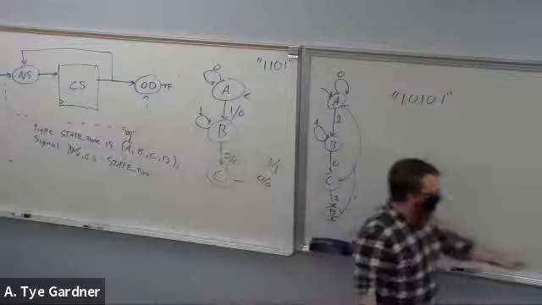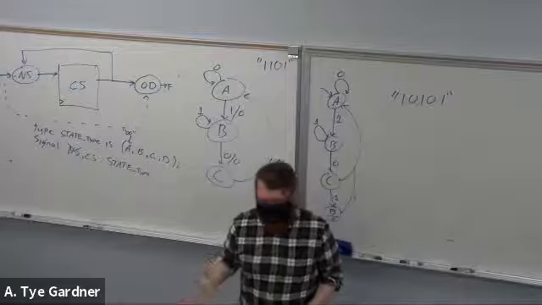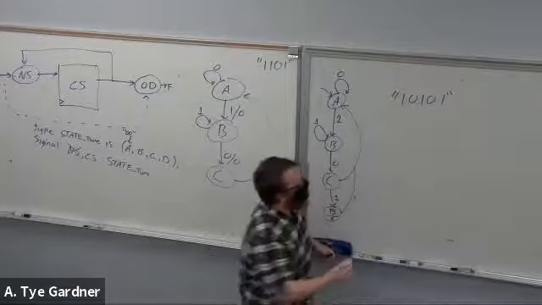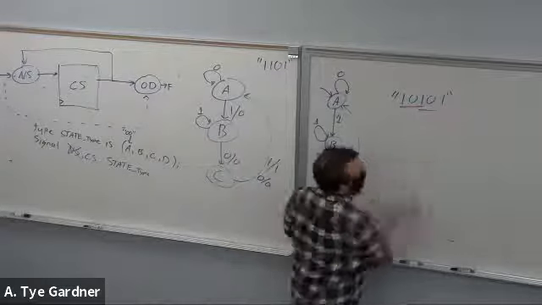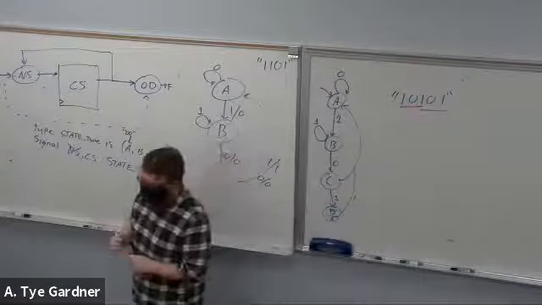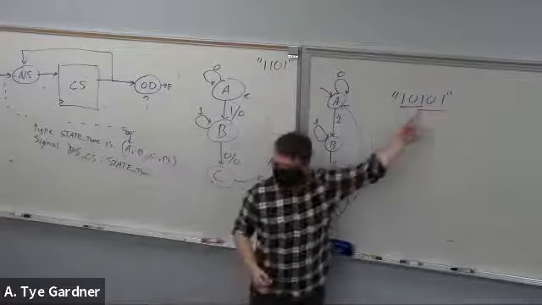The question, the way I'll ask it, is: do I want to detect overlapping sequences? Because I have this 1, 0, 1 that I definitely want to detect. But do I want to detect this one as well? Maybe, maybe not. If I say detect 1, 0, 1 with overlapping sequences, it means this.